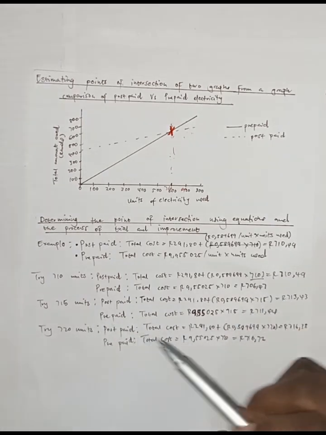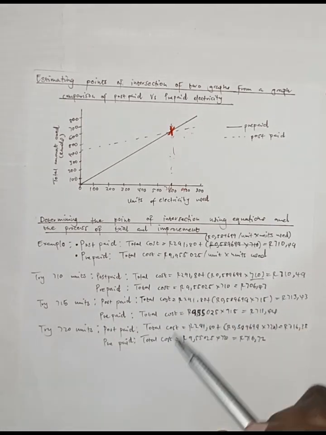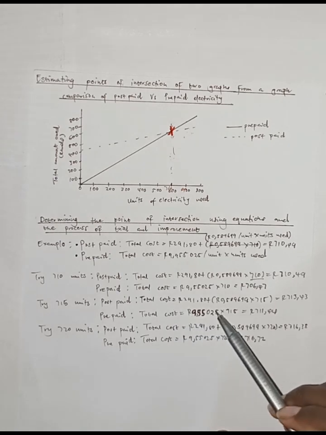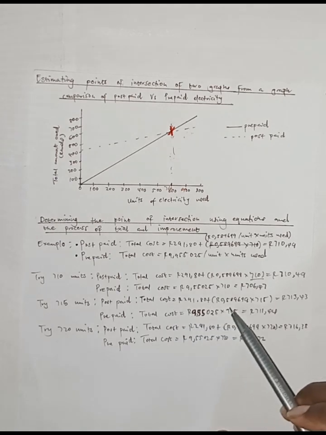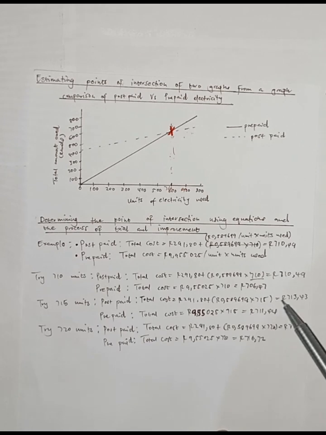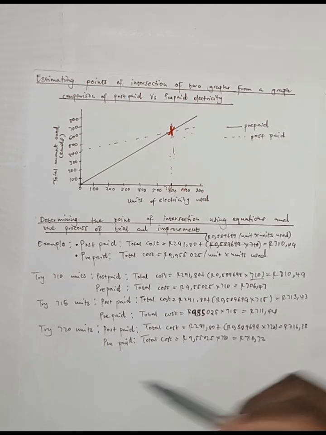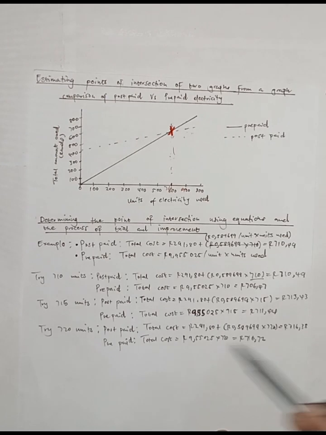Then we tried 750 units. Postpaid, total cost is equal to 291.80 plus 0.58969 times 715, which is equal to 703.3. Same thing for prepaid. Also try 720. Same thing.